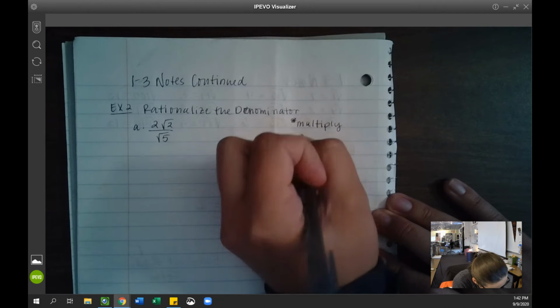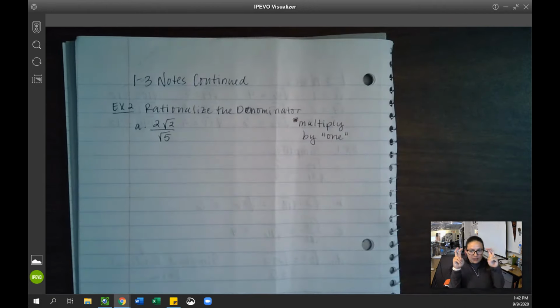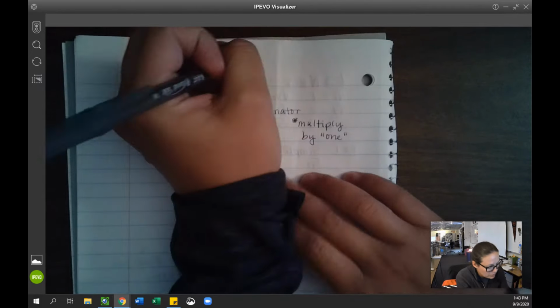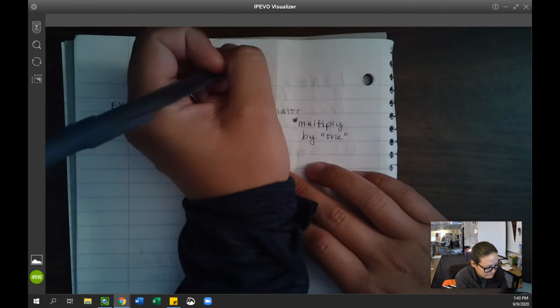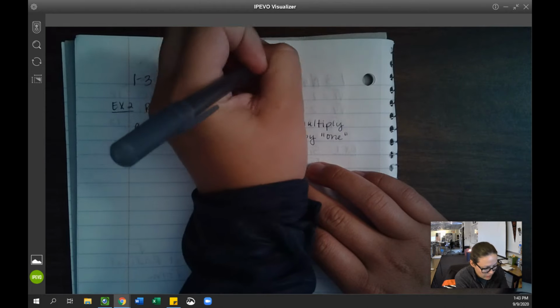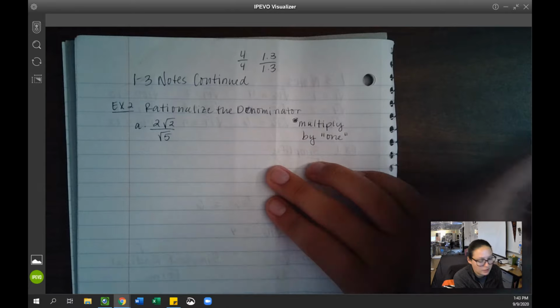So the way that we do this is to multiply by 1. And I'm going to put 1 in quotation marks because it's not going to just look like 1, okay? There's lots of ways that 1 can look. So for example, 4 over 4, that's 1. 1.3 over 1.3, that's equal to 1.